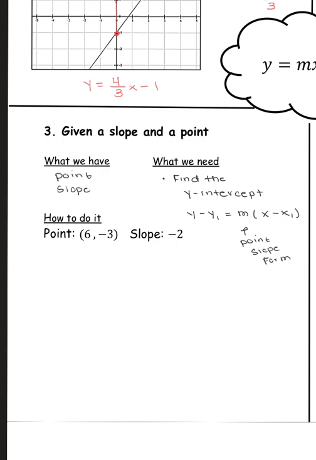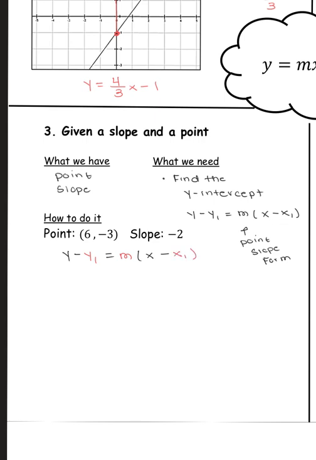This is another formula that you will have to know for SOLs and assessments, all right? So looking here and using my point-slope form, again, I have y minus y1 is equal to m times x minus x1.